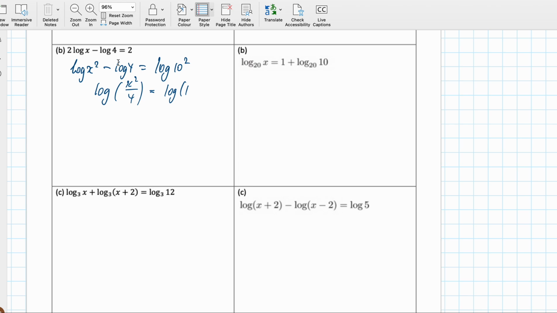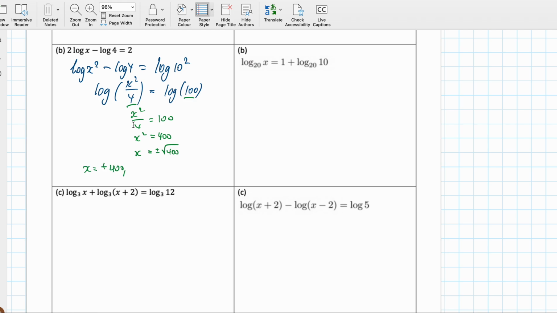Now, I really like this question and I'll show you why soon. We can now equate the insides. x is equal to plus and minus, and we're taking a square root of 400.